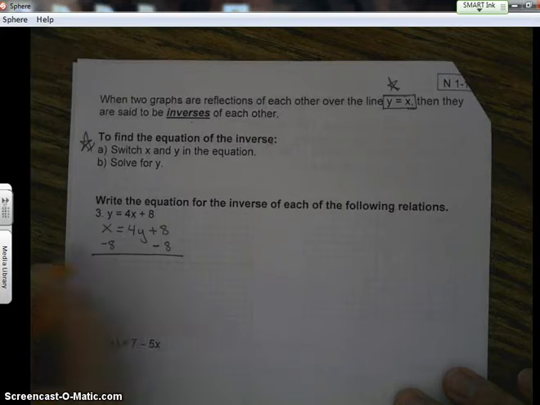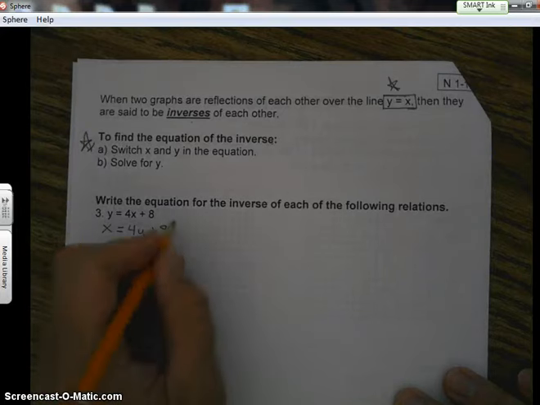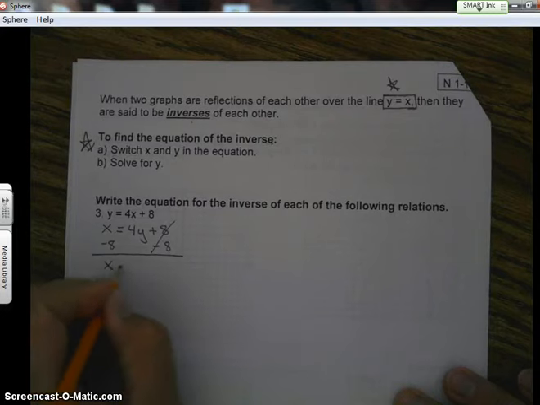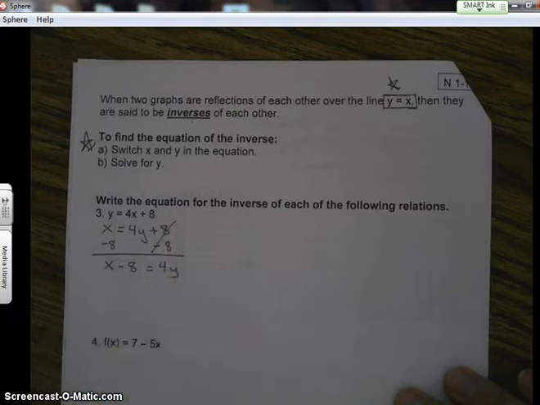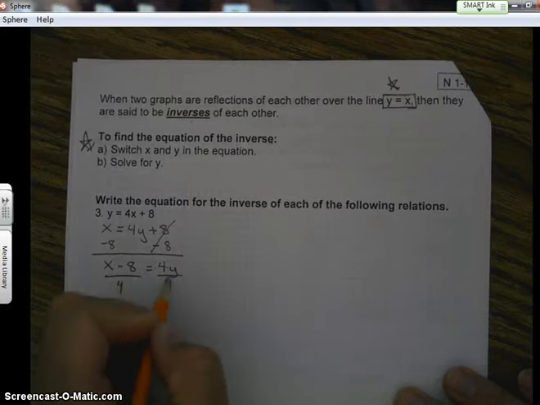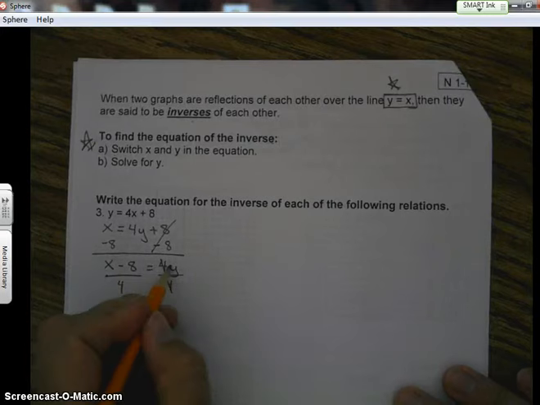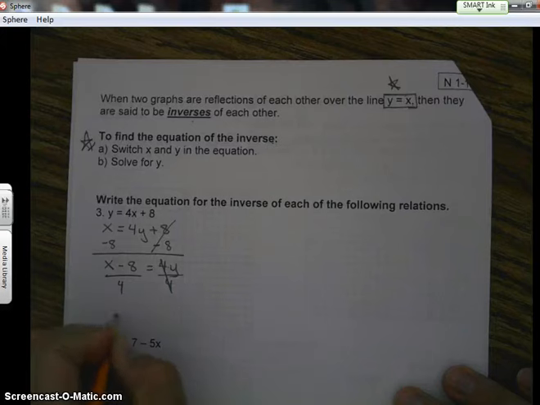Remember, when solving for a letter, we undo adding and subtracting first. Many people did not do that on the test yesterday. And then we undo multiplying and dividing next. Okay, now when writing the inverse, we're going to write the letter, and then this is inverse notation, the -1.